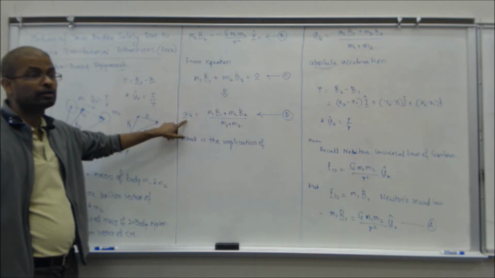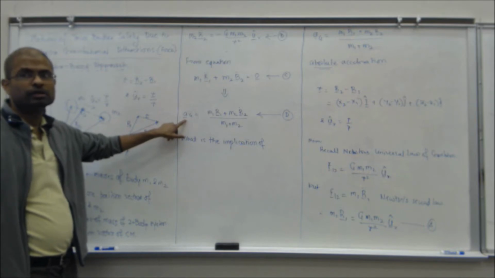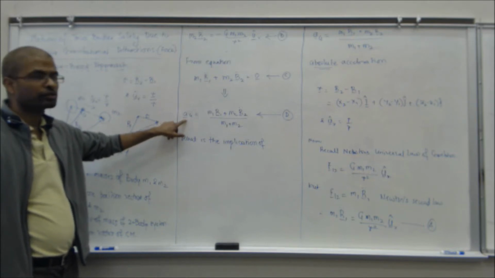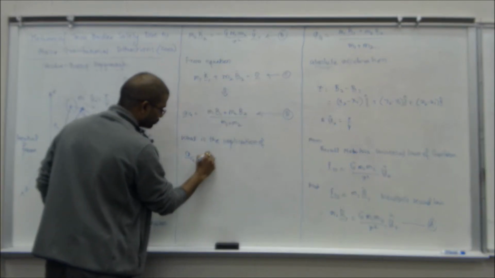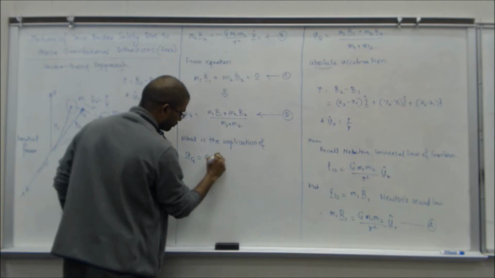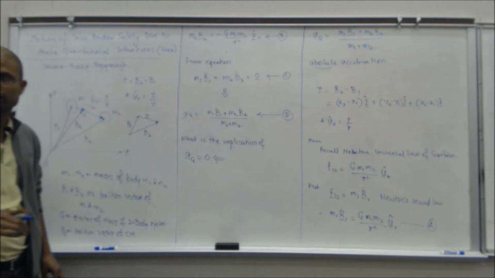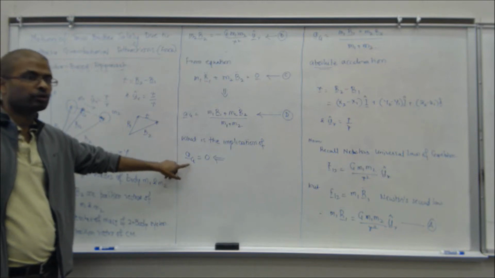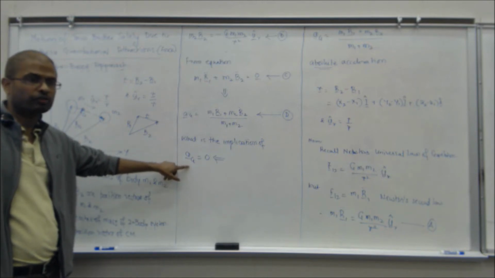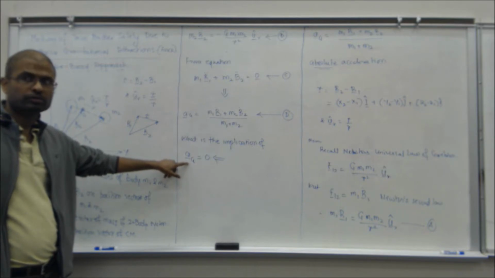So if this is 0, what does it mean? If Ag is 0, how do you read this? How do you explain it to somebody that Ag is 0? The acceleration of the center of gravity is 0. Okay. What does that mean?